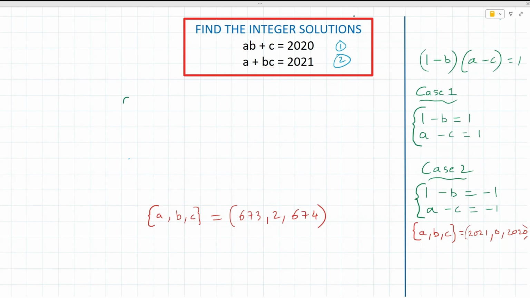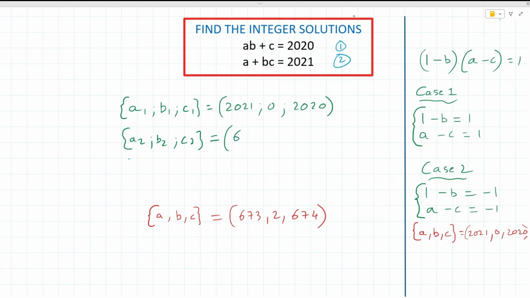And so the most proper way you could put this is to say that the first triplet, a1, b1, c1, so the first triplet of numbers not being the same as the second one, is 2021, 0, 2020. And the second triplet of numbers, which is going to be a2, b2, and c2, that's equal to 673, 2, and finally 674. So we have two separate, distinct triplets of numbers, which are both going to work for this equation.